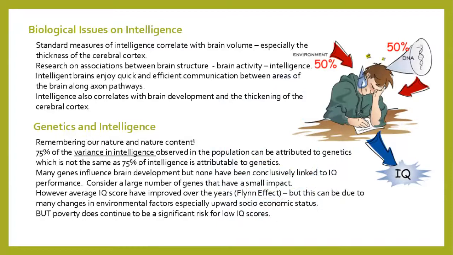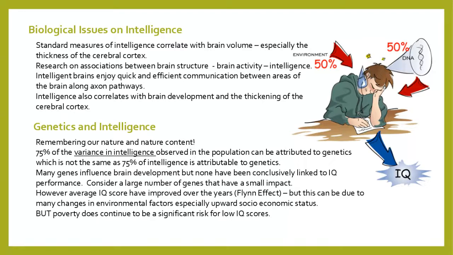Biological, again, we just touch on the biology. Basically, the standard measures of intelligence correlate with brain volume, especially the thickness of the cerebral cortex. That's interesting. And research on associations between brain structure and brain activity shows intelligent brains enjoy quick and efficient communication between areas of the brain along pathways.